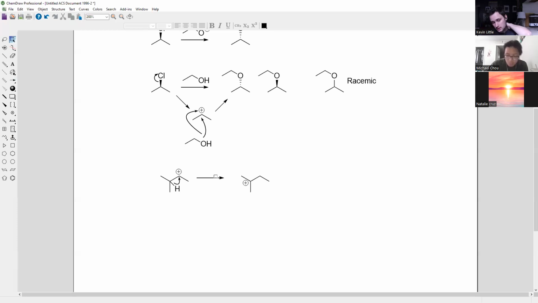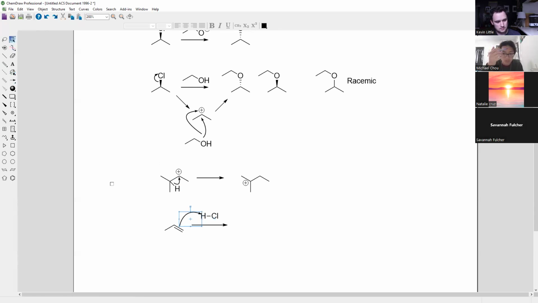So we see this in both E1 and SN1, and we see it with the addition reactions. Last time we saw this, it was when we had reactions that look like this, where we would add some kind of acid. When we did these reactions, we would also form carbocations.